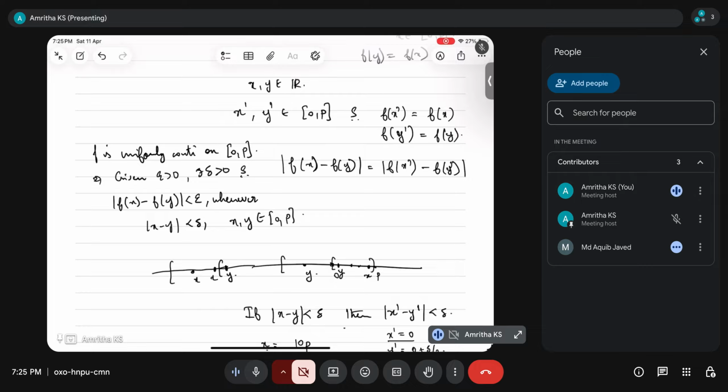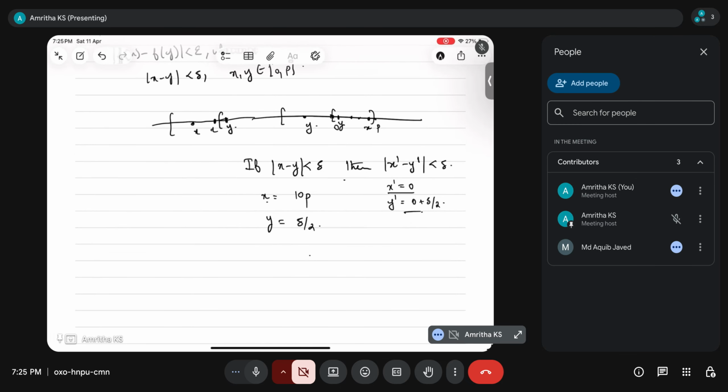I think, suppose there is a common mp, then we have to somehow manipulate f(x) minus f(mp) plus f(mp) minus f(y).